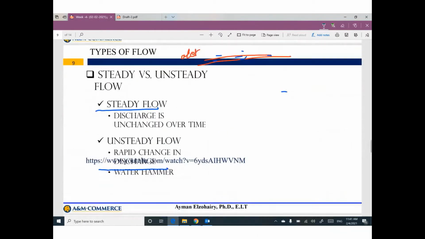And also based on the discharge. Last meeting, I told you the meaning of discharge. Discharge means we have volume passing through a cross section in a unit of time.